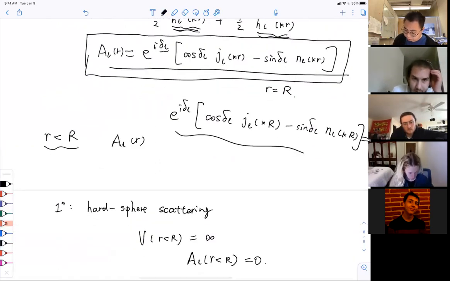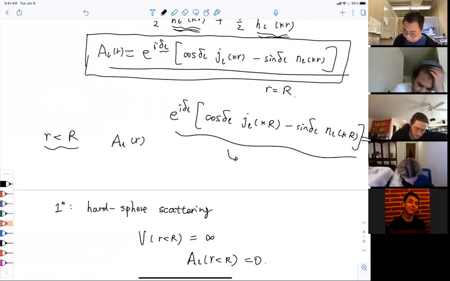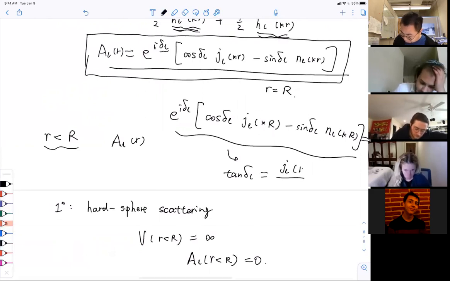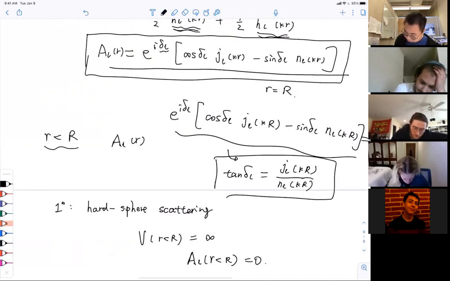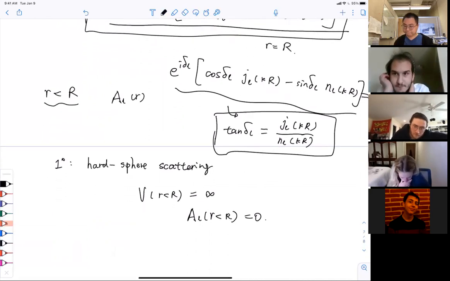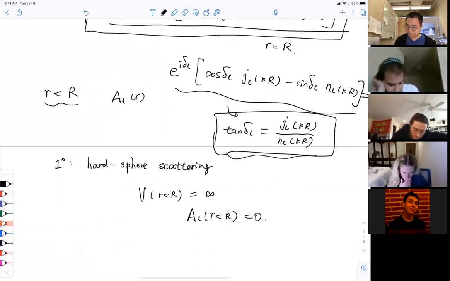From this expression, we obtain that tangent delta L equal to JL(KR) divided by NL(KR). Right?